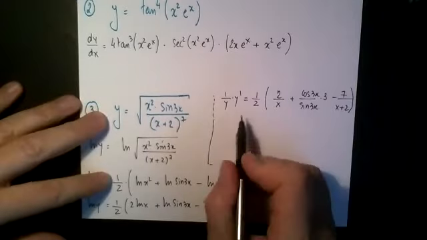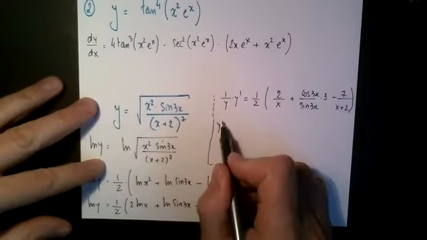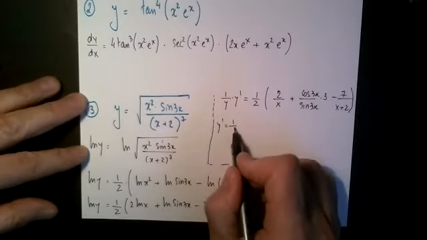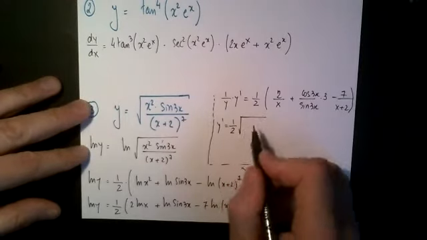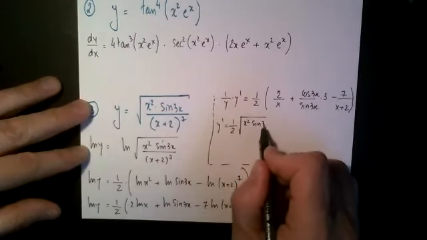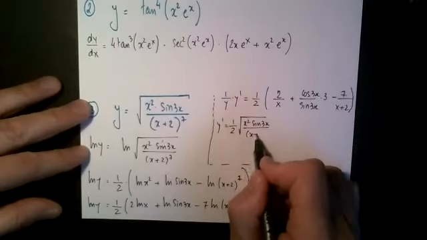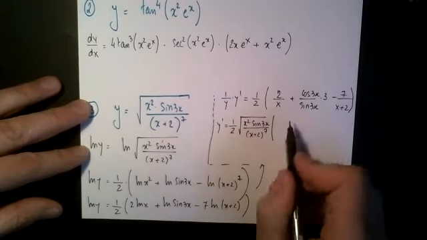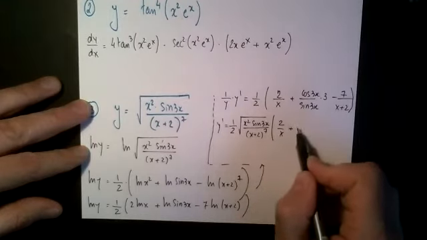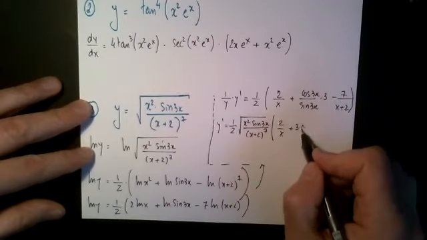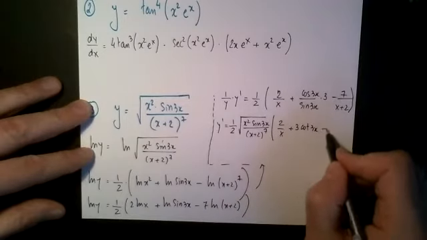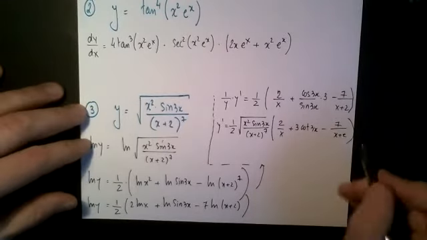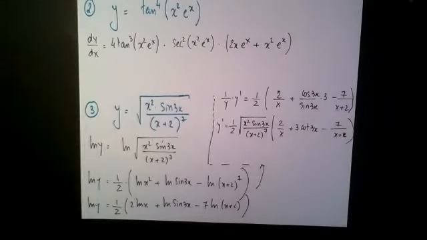Okay, and that's it. Now I could just isolate y prime and I'm done. So y prime is 1/2 times y, which is square root of x squared sine 3x over x plus 2 to the power 7, times, and now this will be 2 over x plus 3 cotangent of 3x minus 7 over x plus 2, since cos over sine is the cotangent. That's my answer.